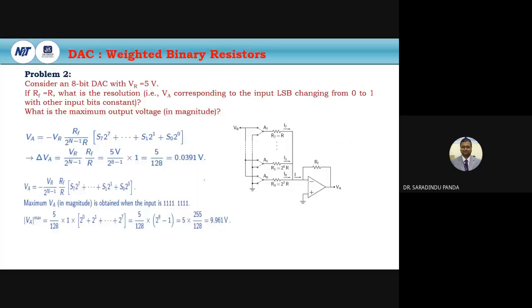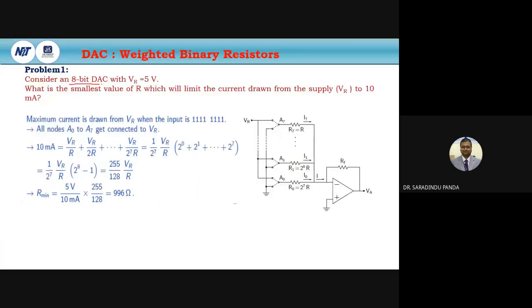Suppose this is an 8-bit DAC. Then what will be the value of n? N is equal to 8. VR is equal to 5. What is the smallest value of R which will limit the current drawn from the supply VR to 10 milliampere?